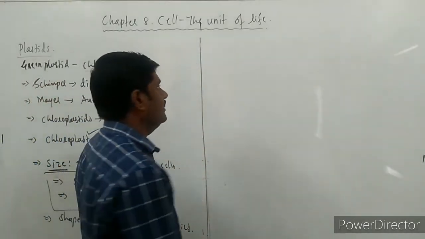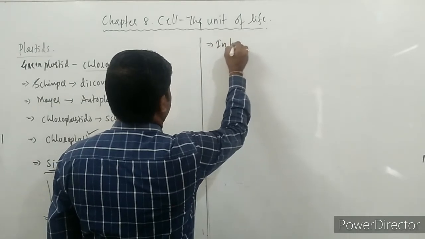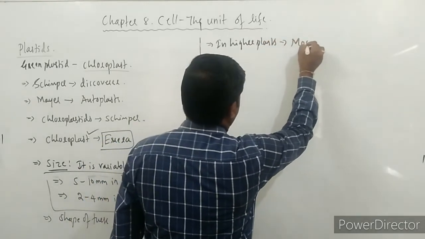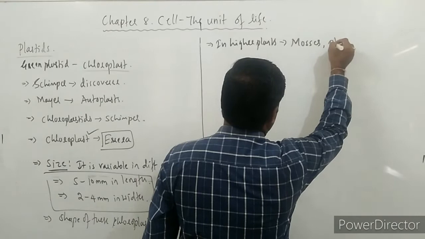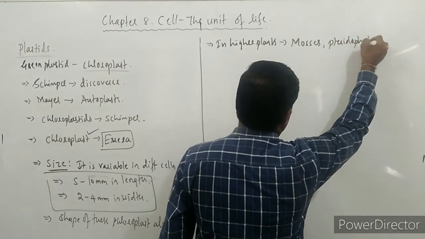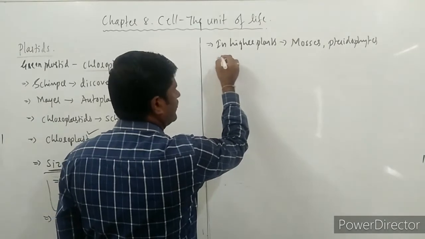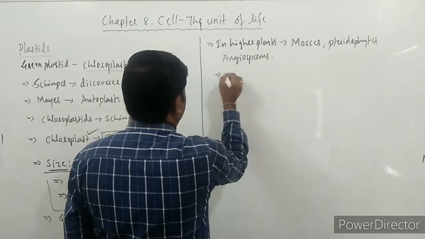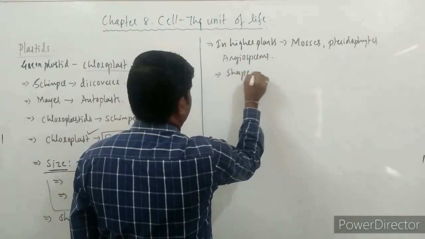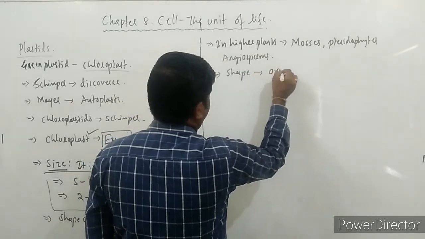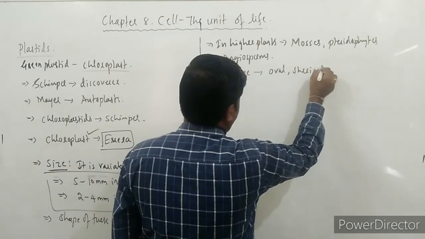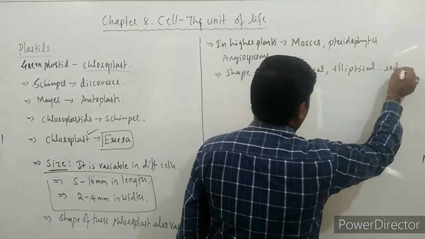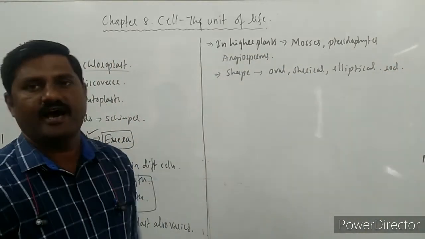So in higher plants like mosses, pteridophytes, as well as in angiosperms, the shape may be oval, spherical, elliptical, right, or sometimes rod shaped. So such kind of shapes they have usually.